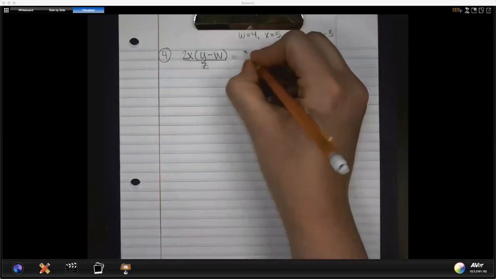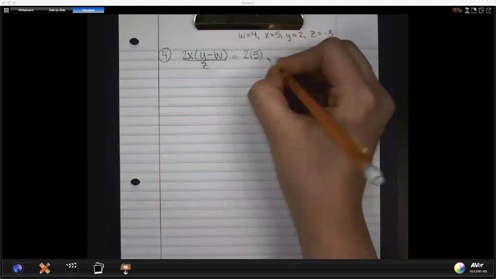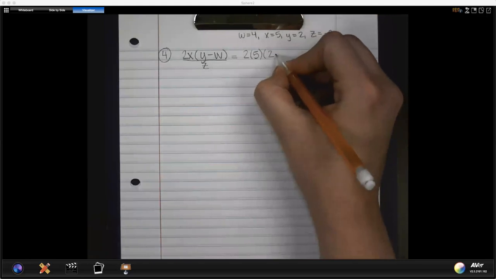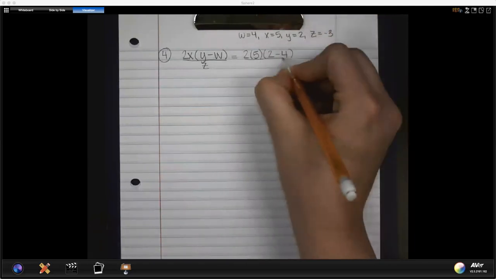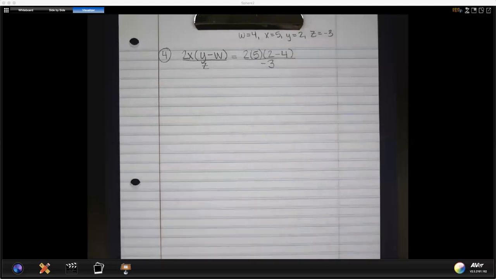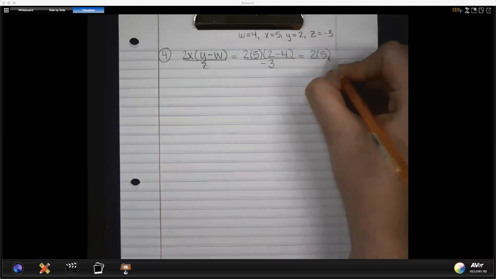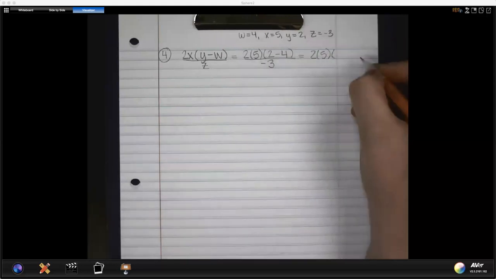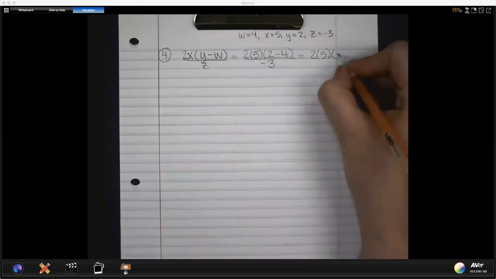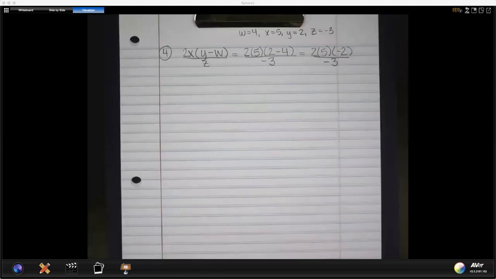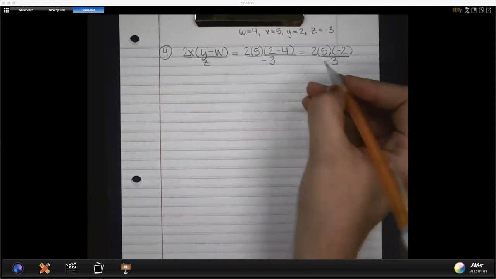So first thing you need to do is substitute in your values. So 2 times 5 times 2 minus 4 divided by negative 3. Okay, first thing we do is parentheses, which means we simplify. 2 minus 4 is negative 2.